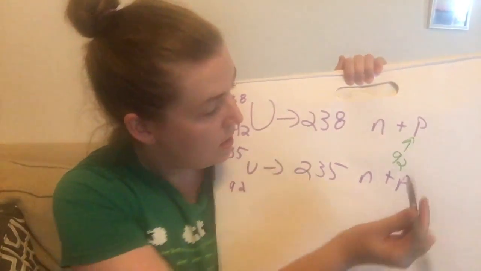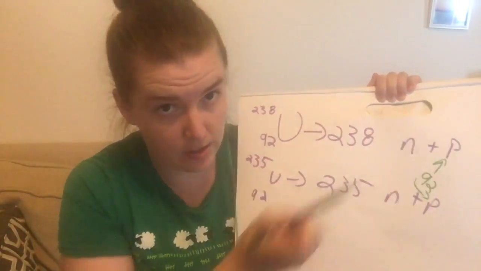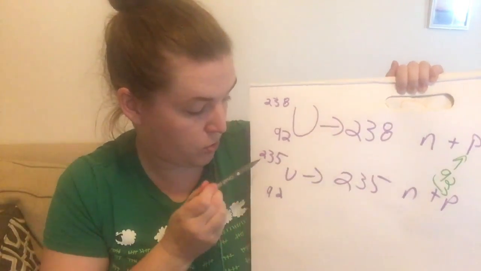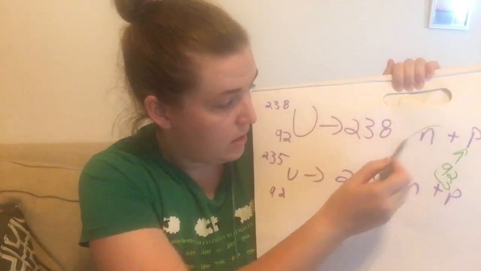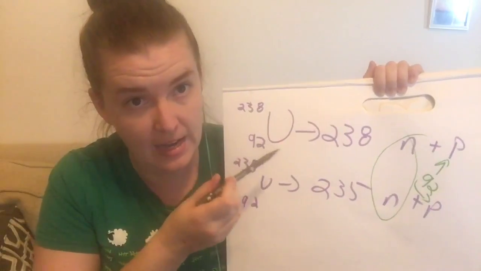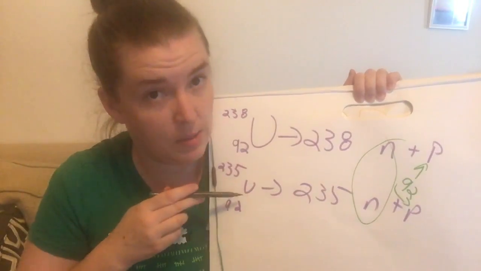You can see that. So there's 92 protons in uranium-235 as well. So the difference between uranium-235 and uranium-238 is 3 neutrons, right? Uranium-238 has 3 more neutrons than uranium-235.